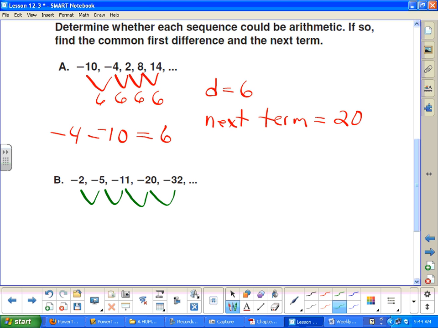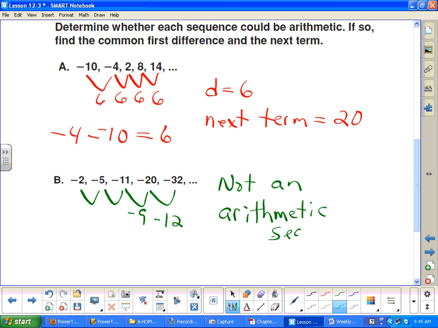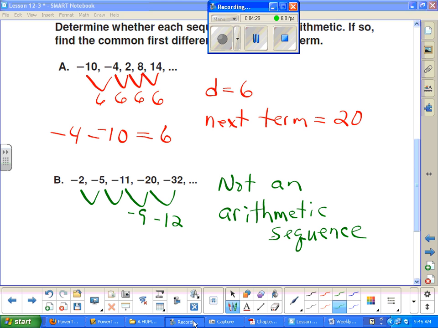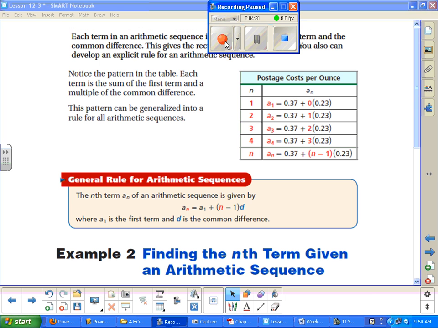So here we have negative 32 minus negative 20 is negative 12. And this one's negative 9. Well, those are not the same. So this is not an arithmetic sequence. Okay. So we just look to see if they differ by the same amount.